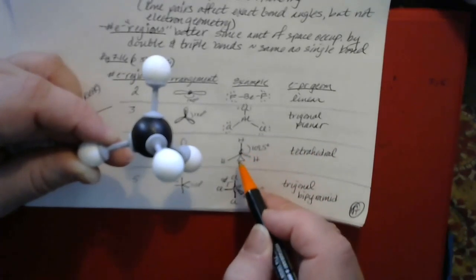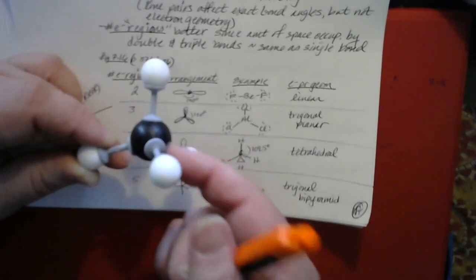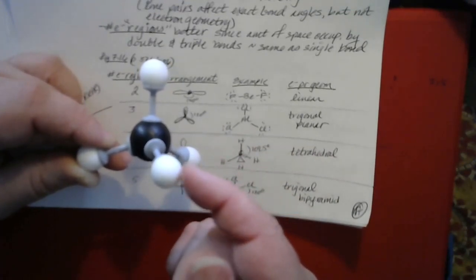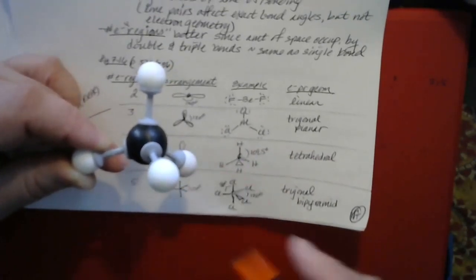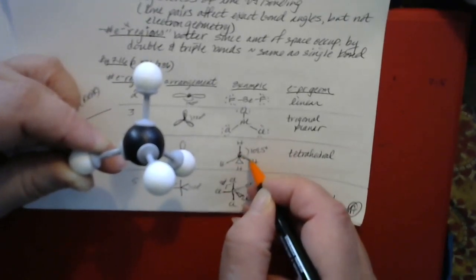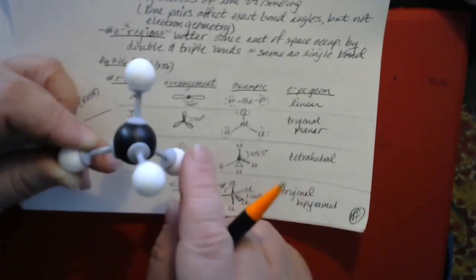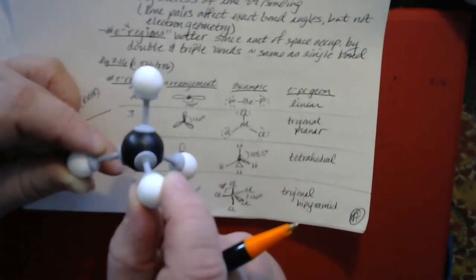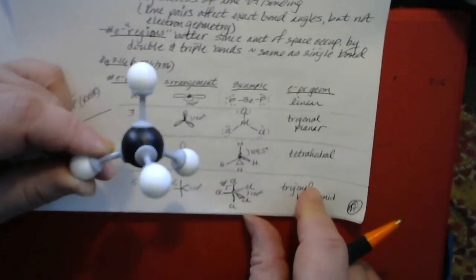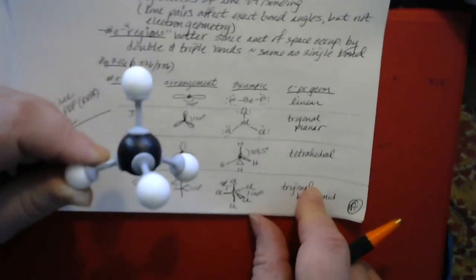The wedge going down is a bond that's coming out and down towards you. So this one here. And the dotted line is a bond that's going down and away from you. So this one in the back here. And so that's a quick and easy way to draw a tetrahedron, which is not too bad as far as accuracy is concerned.